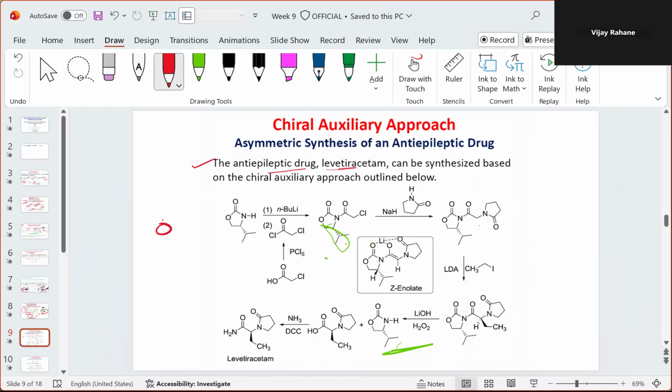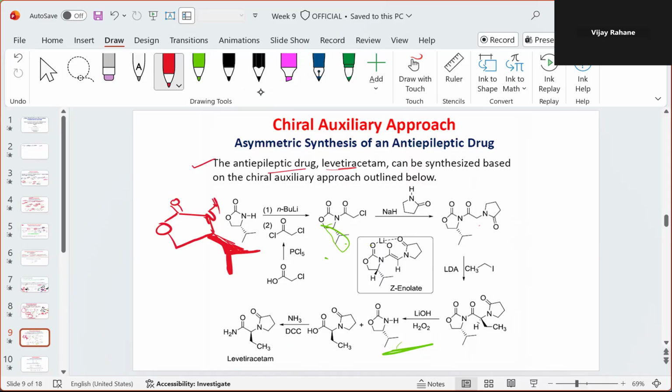We can choose this chiral auxiliary, in which this isopropyl group is directing upward. So in that case, what happens?